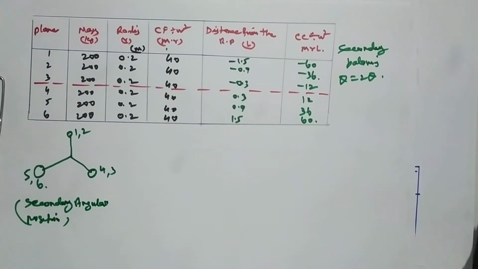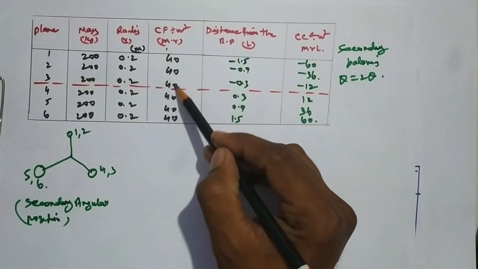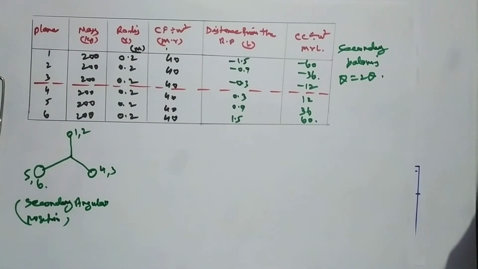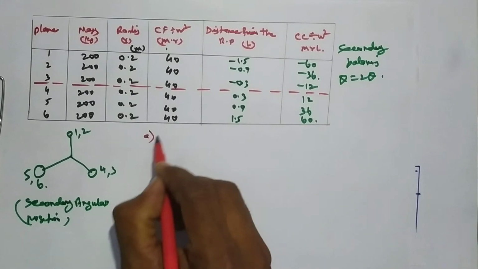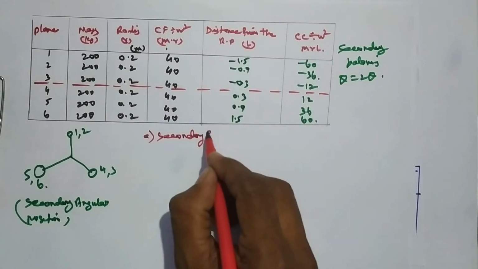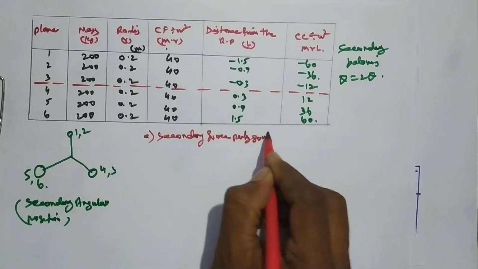Okay. First you draw the force polygon, right? So for the force polygon, the values are 40, 40, 40, 40. So mark a point here, any one point, and draw the secondary force polygon.